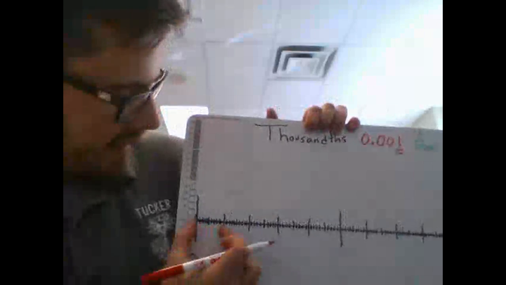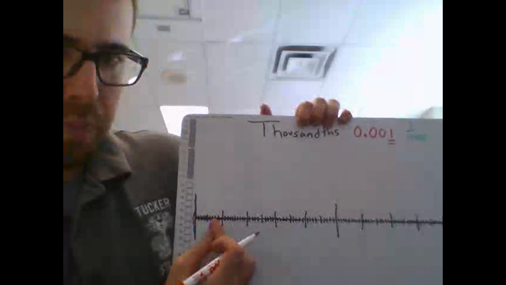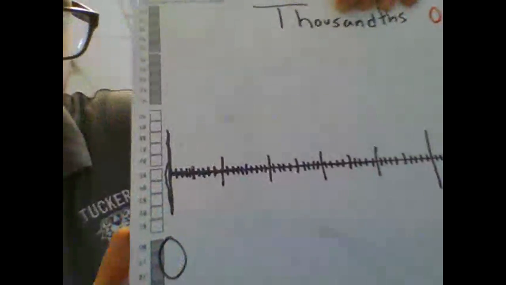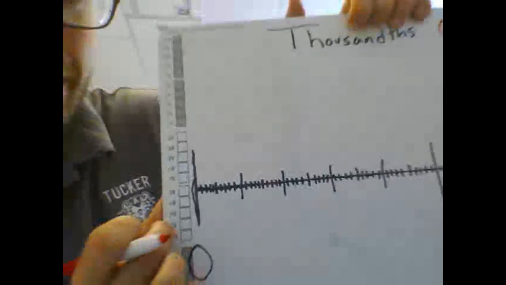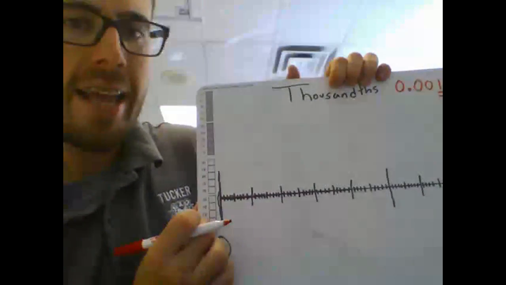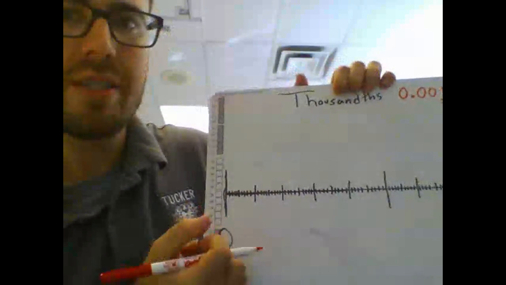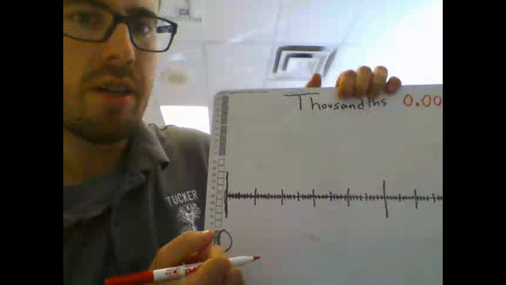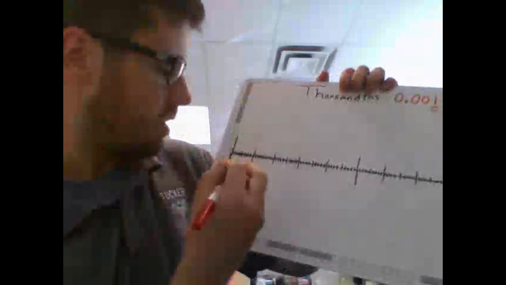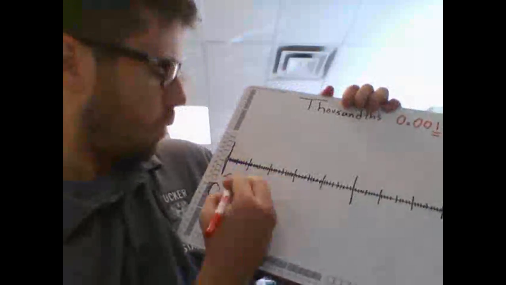We can see that each tenth has 10 little marks, but look really, really closely. Between our hundredths, we've divided each one into 10 more sections. That is 10 times 10 times 10 smaller than counting by ones. Let's see how efficiently we can do this. Okay, I'm going to start here. We've got 0.001 or 1/1000th.